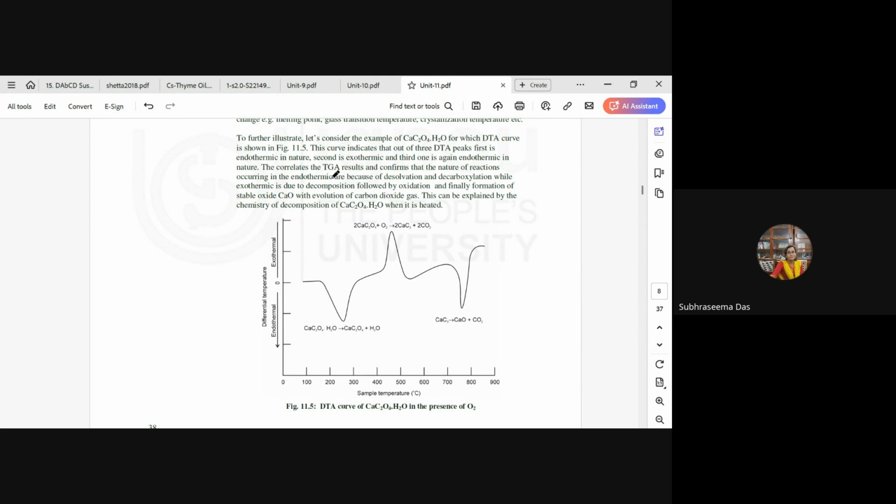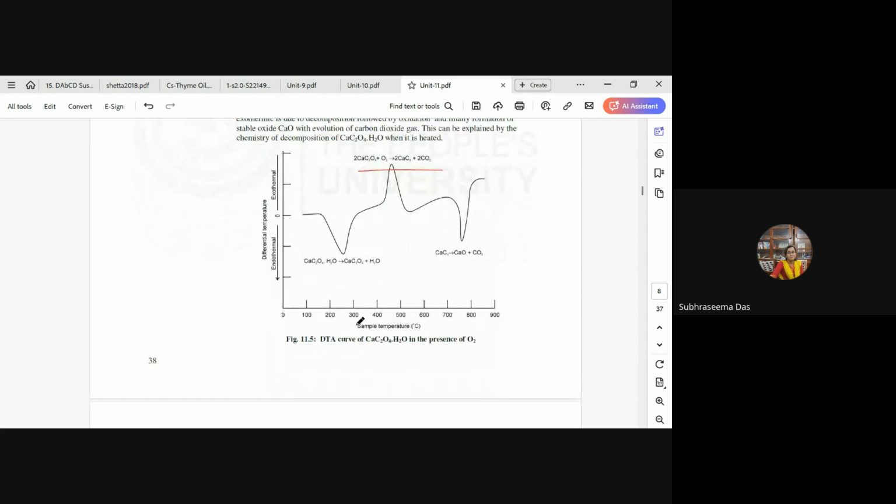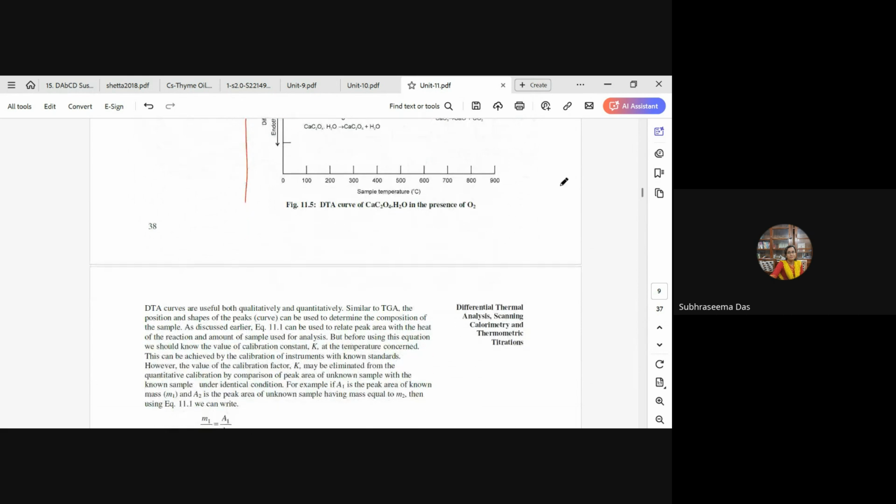This correlates with the TGA data and confirms that the reactions are endothermic because of desolvation and decarboxylation, while the exothermic reaction is decomposition followed by oxidation and finally formation of stable calcium oxide. So from this type of curve, by looking at the nature of the endothermic and exothermic reactions, we can talk about the different types of reactions occurring inside the sample.